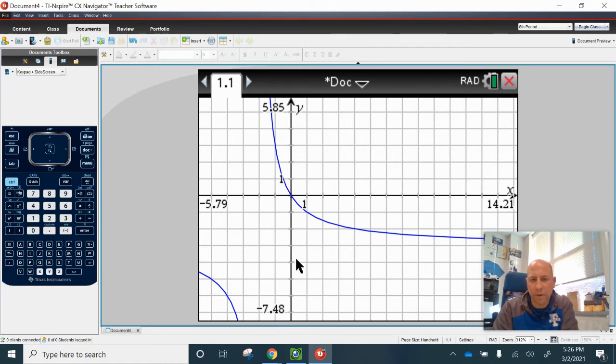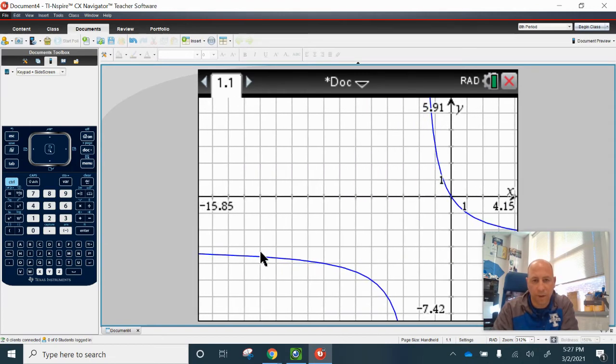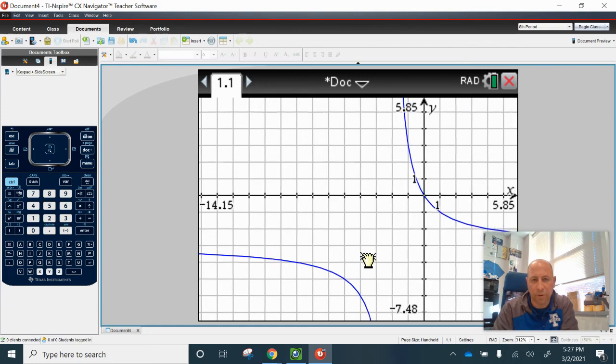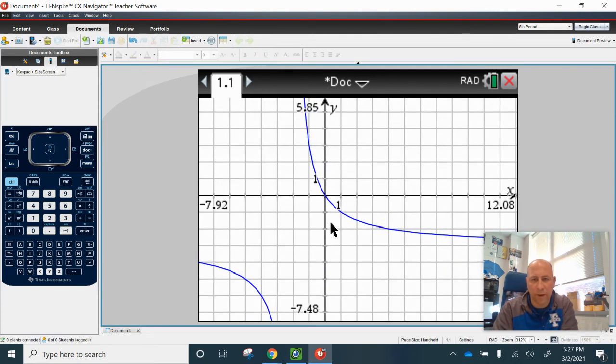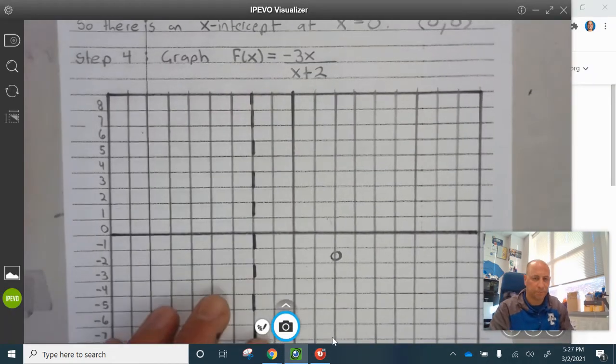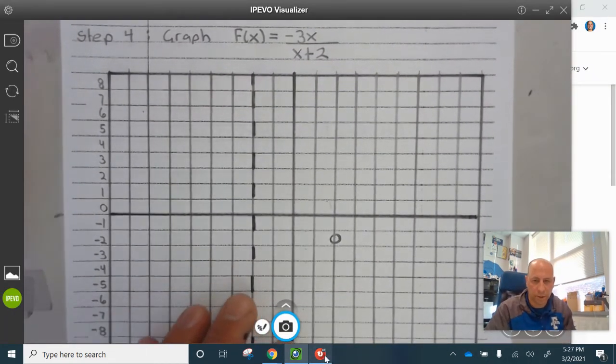And I think you can kind of see here that if I count the tick marks, that's -1, -2, -3. And then you can see here that something's happening at -3. And you can even come over here and you can see it's getting close to there. So we can see we have an asymptote at -3. And let me go back to it.